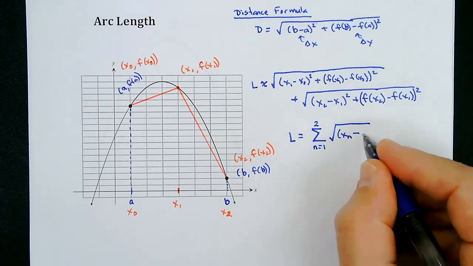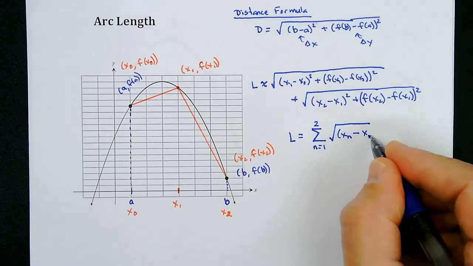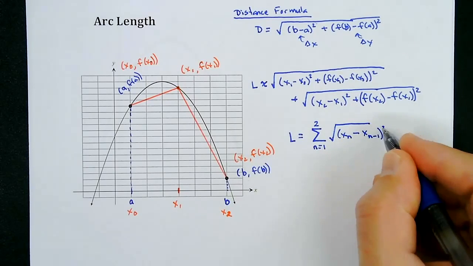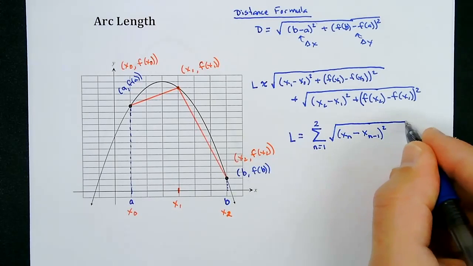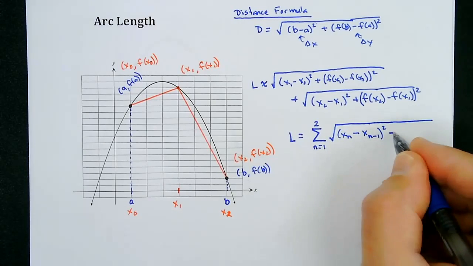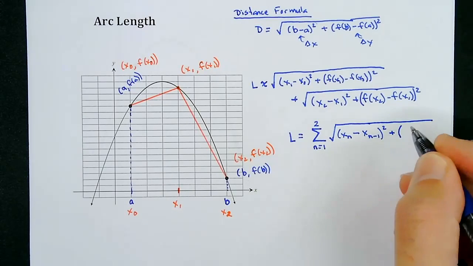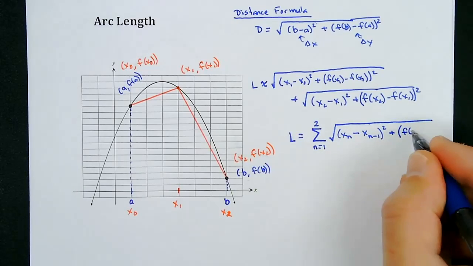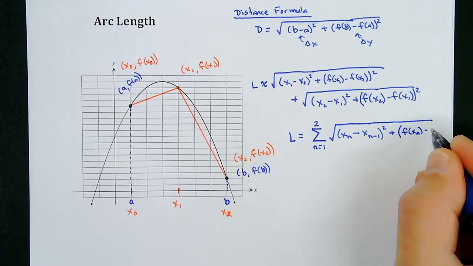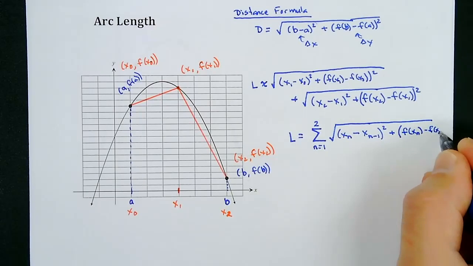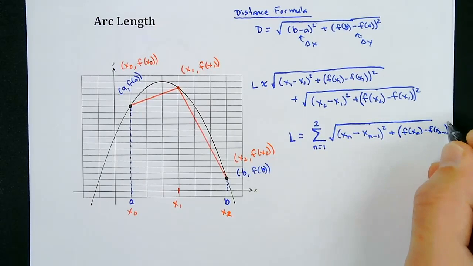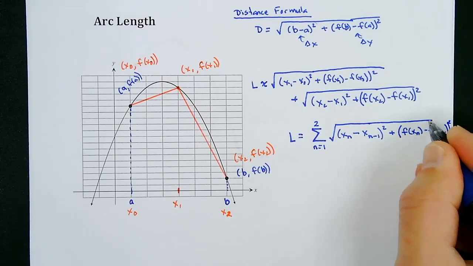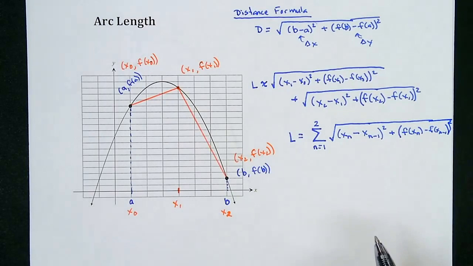So if this is x sub n, this next one would be x sub n minus 1, and we would square that. I'm going to extend my square root a little bit further, and then plus, parentheses, f of x sub n minus f of x sub n minus 1, and I'm running out of room even here, right? And square it and extend that, okay?